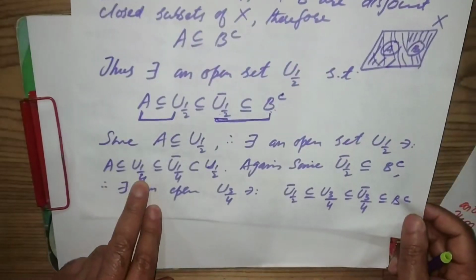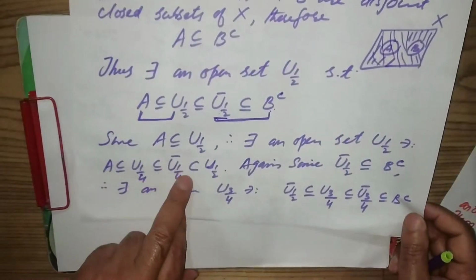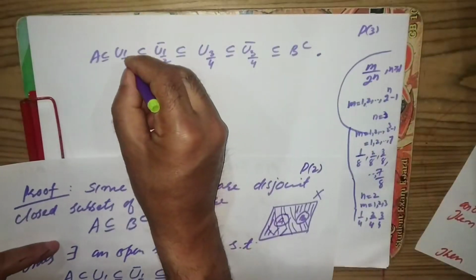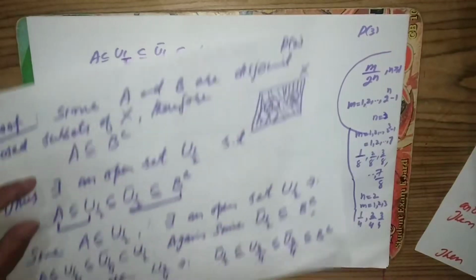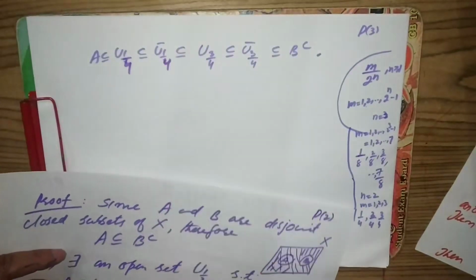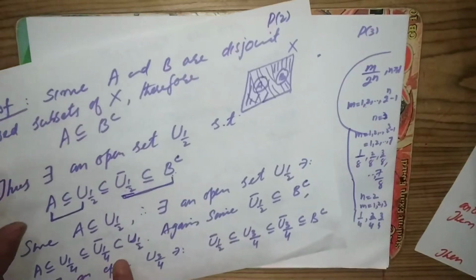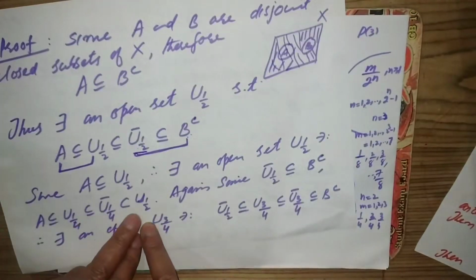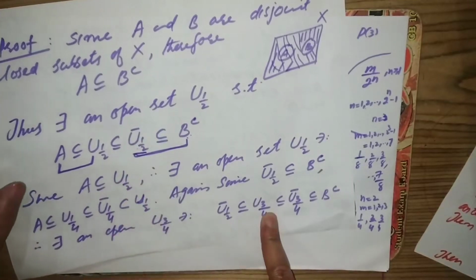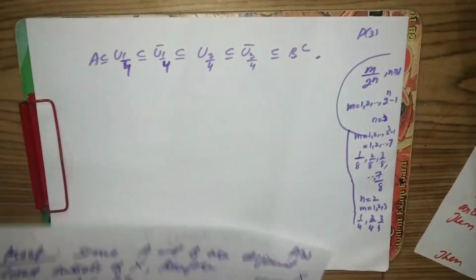Sorry, a mistake. It's A subset of U1/4, which is a subset of the closure of U1/4, and the closure of U1/4 is a subset of U1/2, U1/2 is a subset of the closure of U1/2, which is a subset of U3/4.